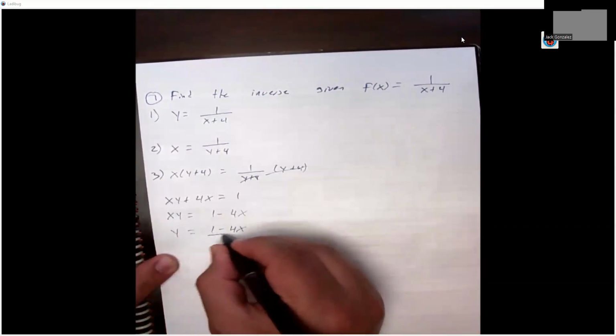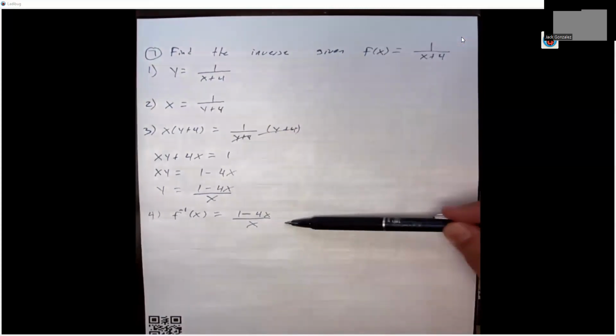And we're trying to solve for y, so we're going to move that 4x to the right-hand side, then divide by x. That'll be our steps here. So xy equals 1 minus 4x, divide by x, and we get to here. I skipped some minor algebra steps.